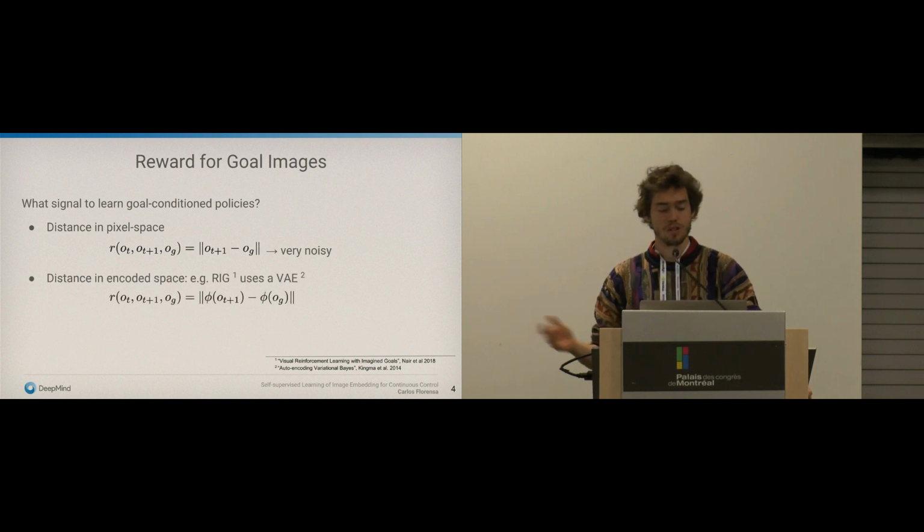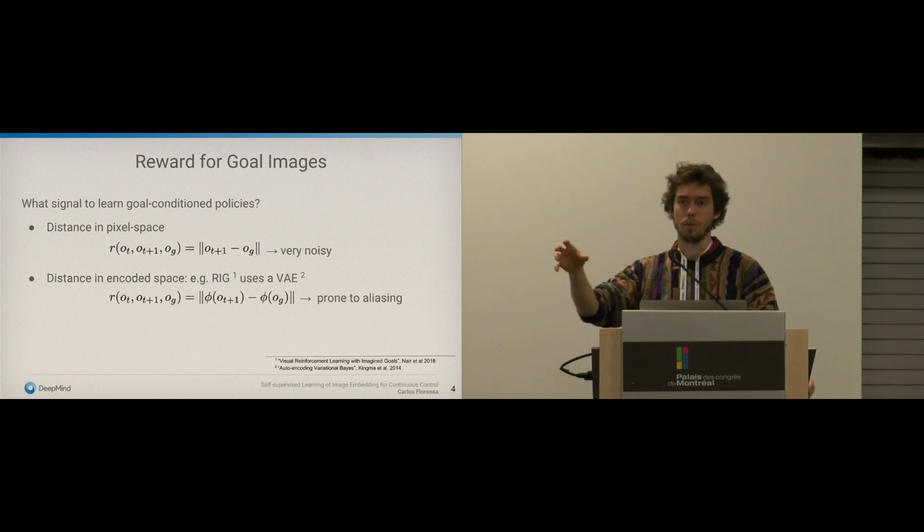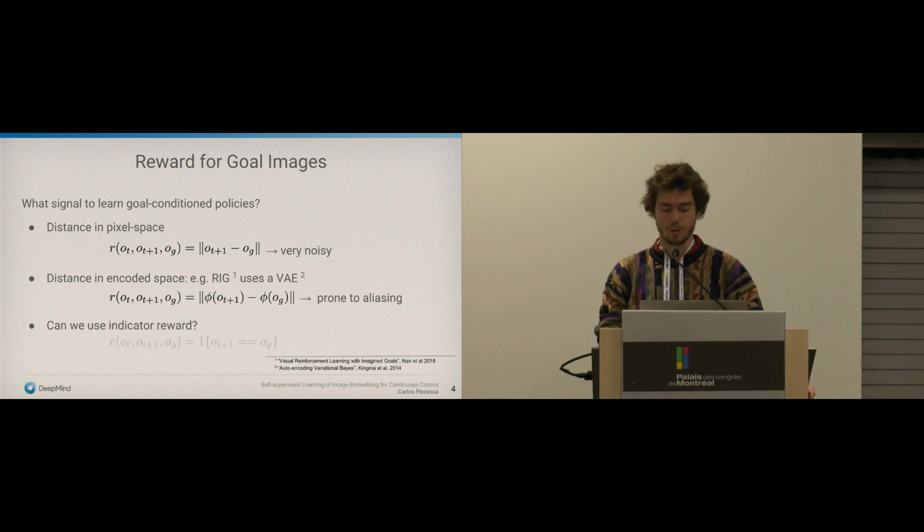There's also some recent work by Sergey that uses a distance in an encoded space. In their case, they learn a VAE, and then they use the distance in the encoded space. The only issue with this is that it may be prone to aliasing, because this embedding space is just learned on encoding a bunch of images, and it doesn't really know about how to reach from one image to another.